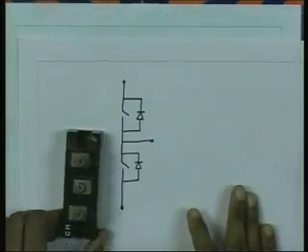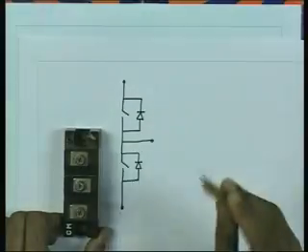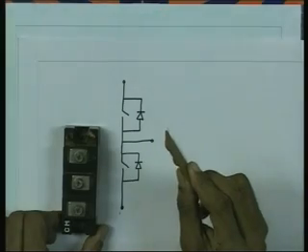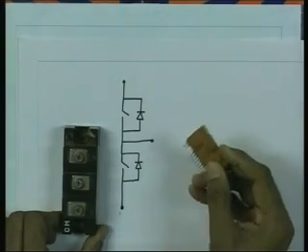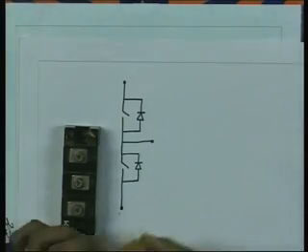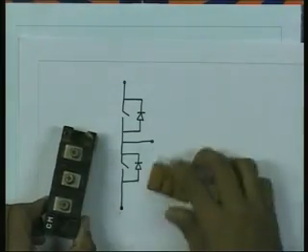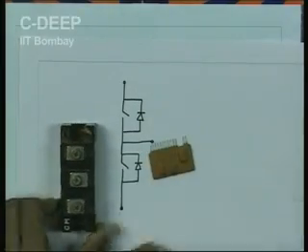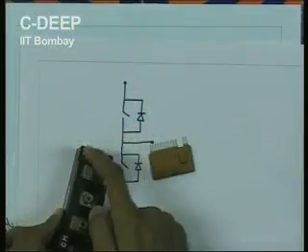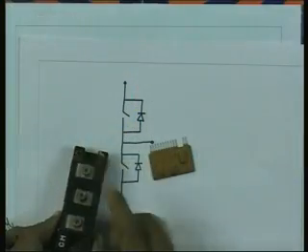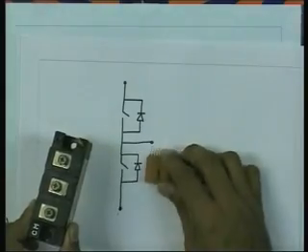Now, see, there are dedicated chips to supply the required base drive to this transistor. You don't have to use separate discrete components to supply the gate drive for this device.